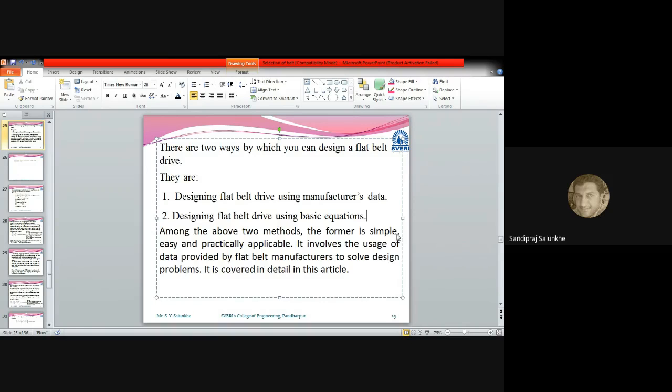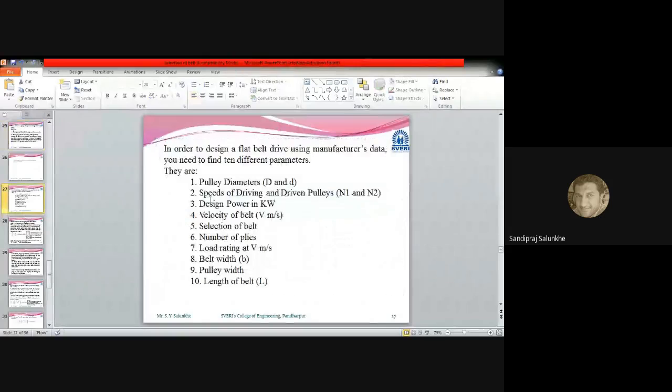Okay, now this is covered in the rest part of the unit and the article. So we are going to see the first method by means of which we can design the belt drives, flat belt drives, specifically talking. So we'll see.